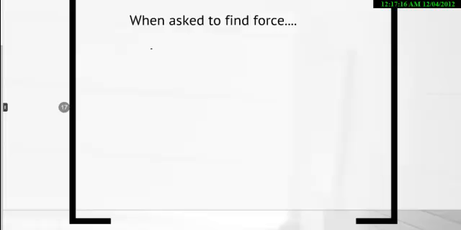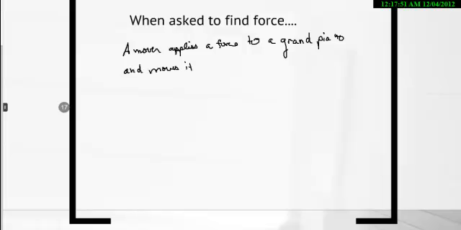Okay, so this would be something like a mover applies a force to a grand piano and moves it a distance of 10 meters.